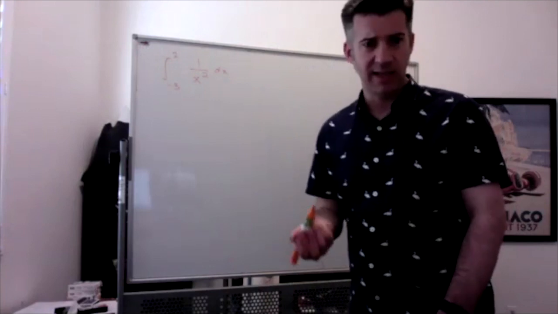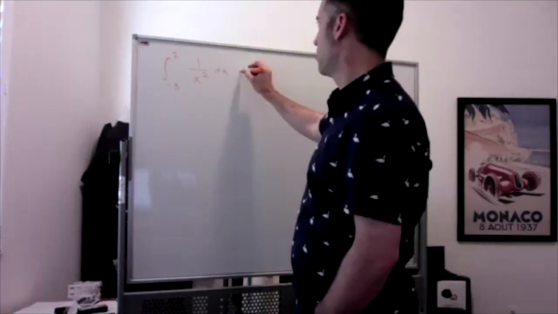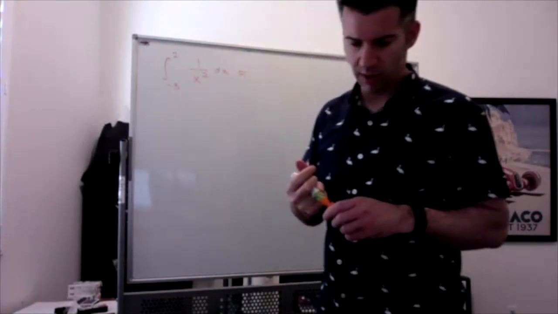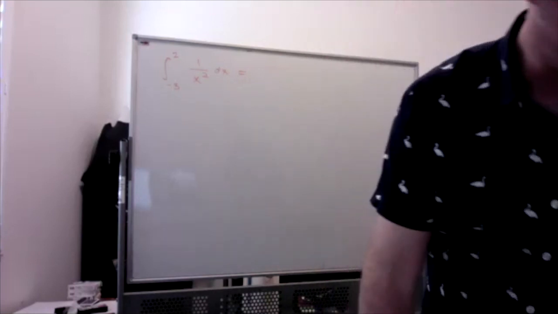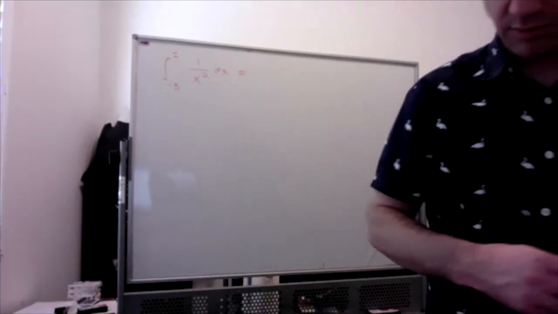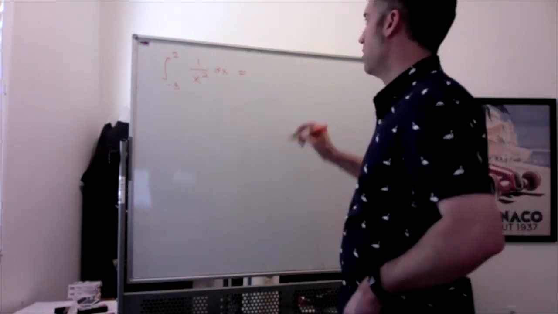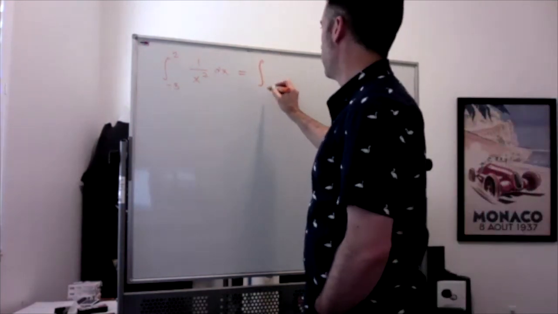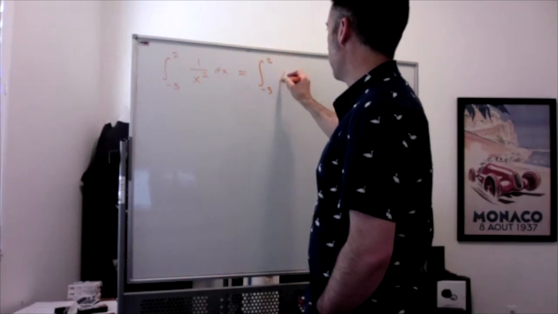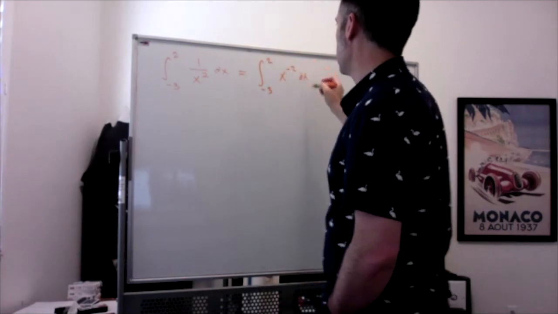If you're not paying attention, you'd be like, oh, well, I know how to anti-differentiate 1 over x squared. This orange pen does not look like it's showing very well. I feel like some of the orange pens are really bright and some of them are really muted. Let's see. So this is the integral from -3 to 2 of x to the -2nd.